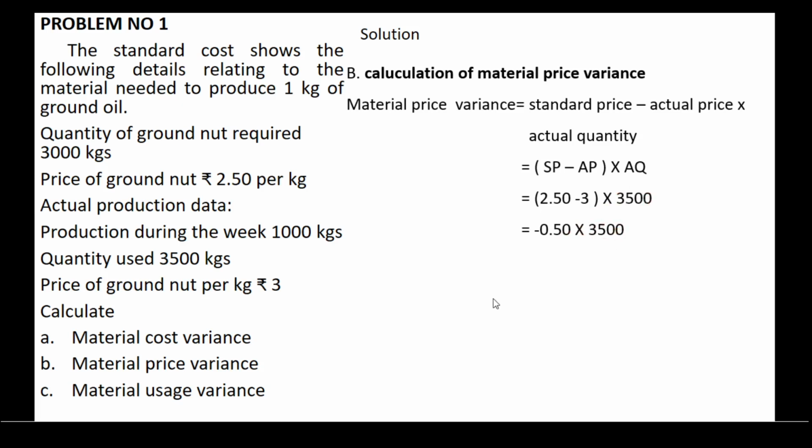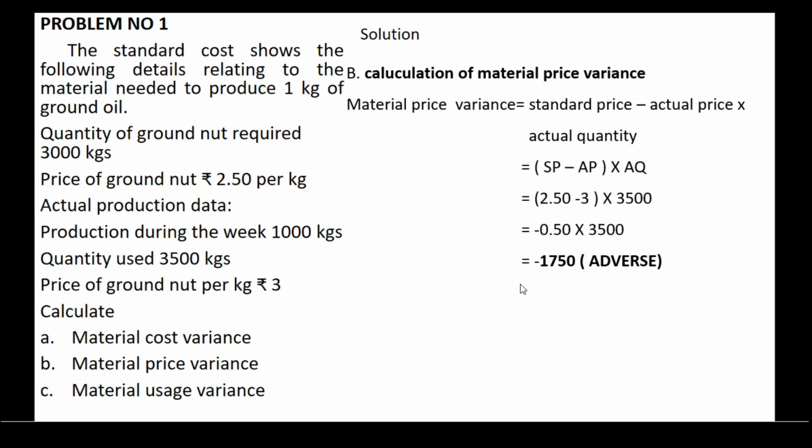So the material price variance is minus 1750 rupees. It is also a negative figure because the actual price is more than the standard price, so it is called adverse, minus 1750 rupees. This is the calculation of material price variance.